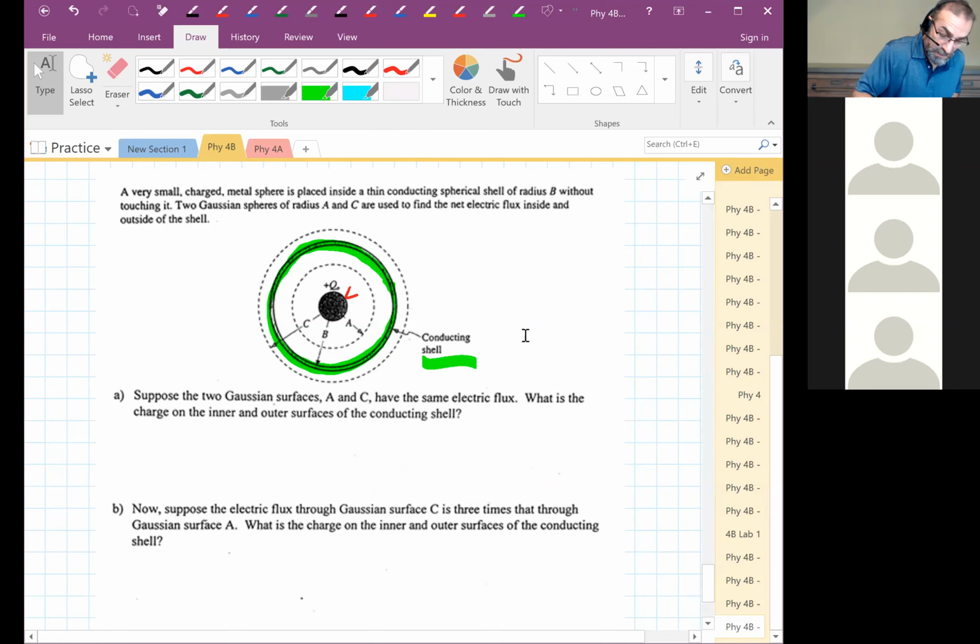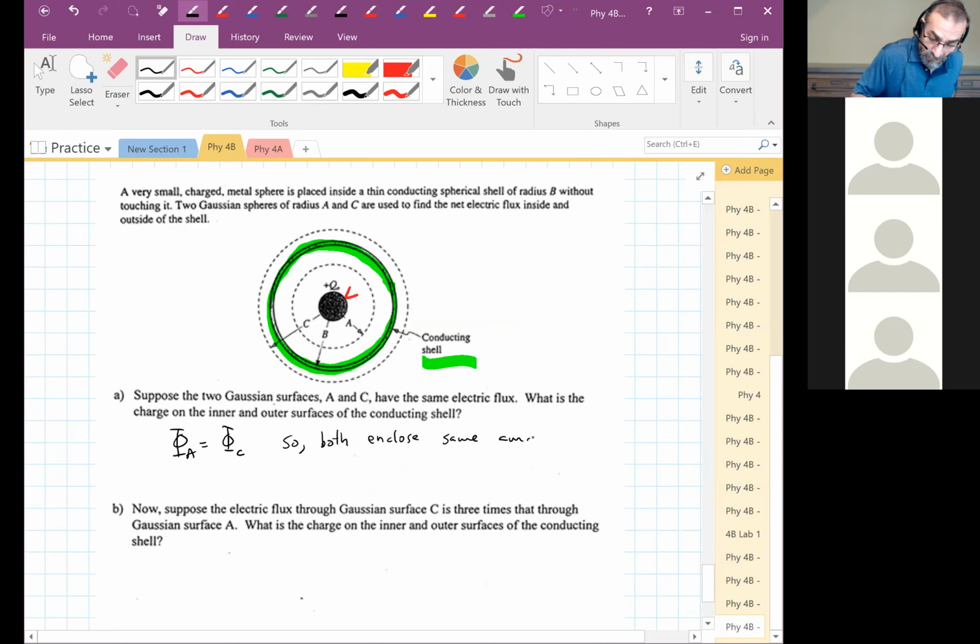So they both enclose the same amount of charge, right? If they both enclose the same amount of charge, the shell must be neutral.